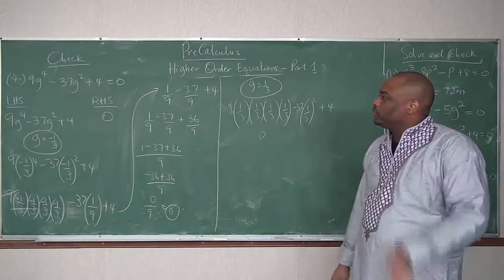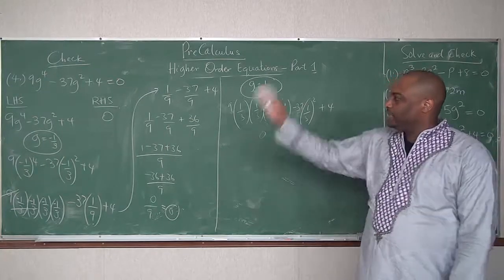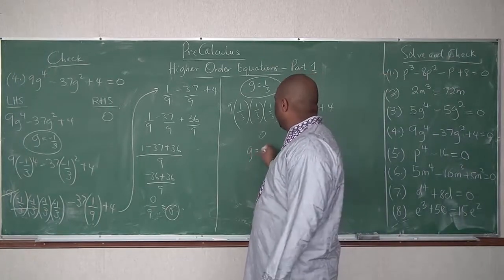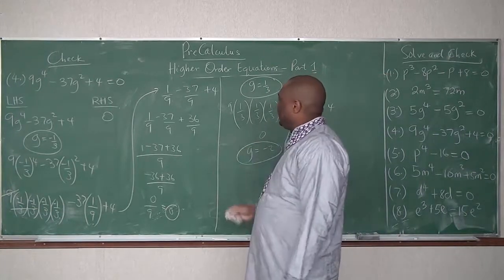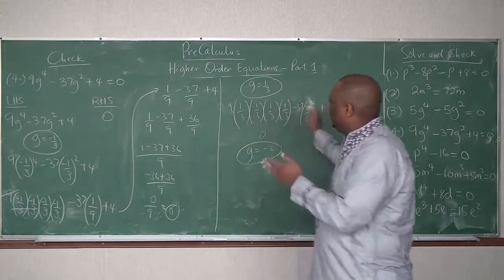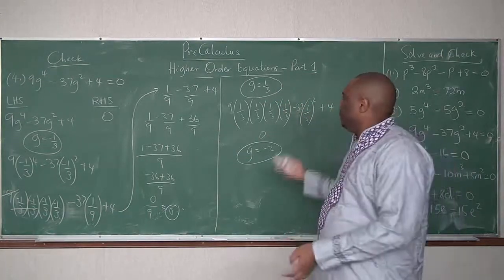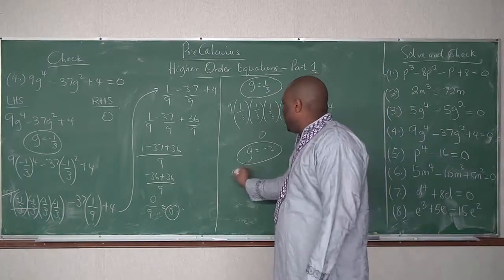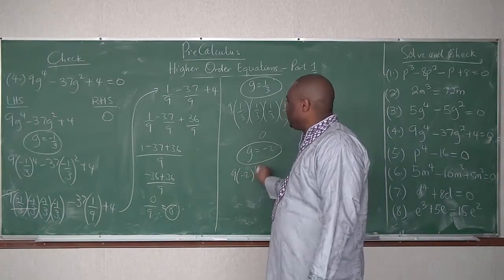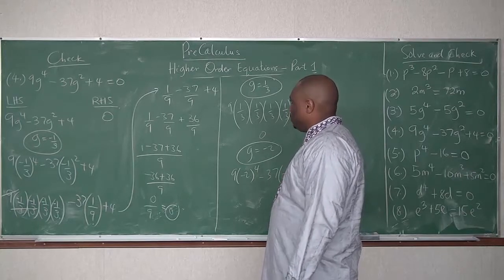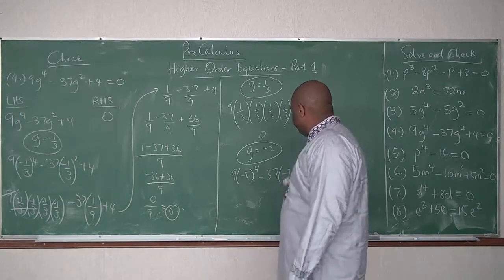The same thing will come to 2 and negative 2, because this is g^4 and g squared. If we do g equal to negative 2, all you need to do is substitute it, but it's going to give you the same 0. If you do g equal to negative 2, you have 9 times (negative 2) all raised to power 4 minus 37 times (negative 2) all squared plus 4.